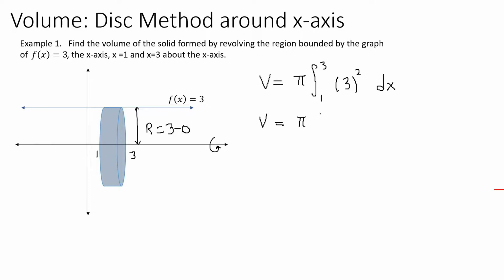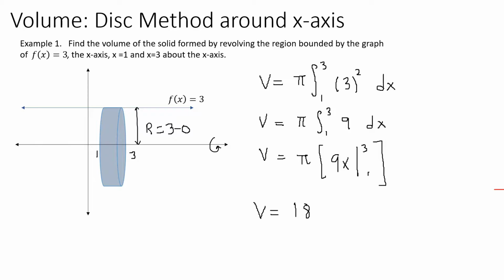In other words, we're integrating 9 dx, and the integral of 9 is 9x, and solving from 1 to 3. So volume will come out to be 18 pi as your answer.